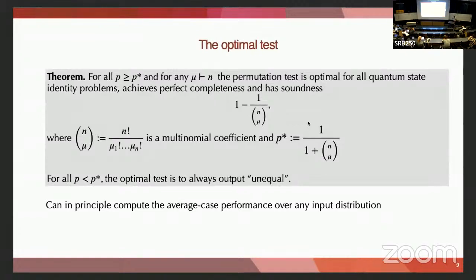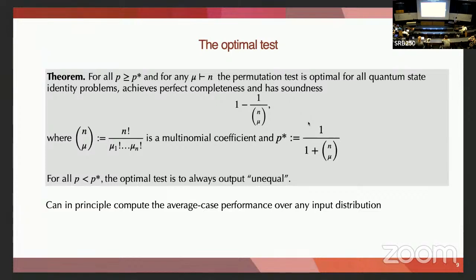What I just said in words: there exists some optimal probability P star, this prior probability, such that if we are above this probability, then permutation test is optimal if you want to maximize average success probability. And it still achieves perfect completeness, and it has a soundness probability which is given by this formula, 1 minus 1 over the multinomial coefficient.